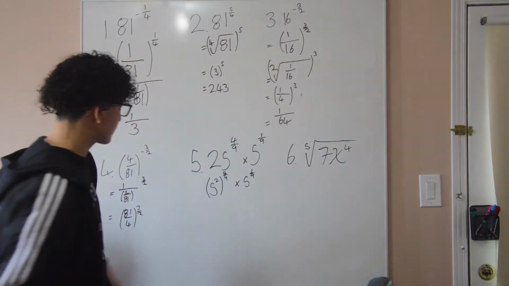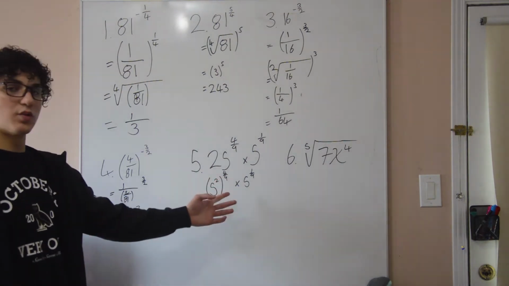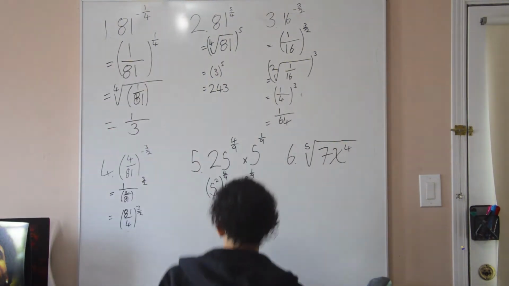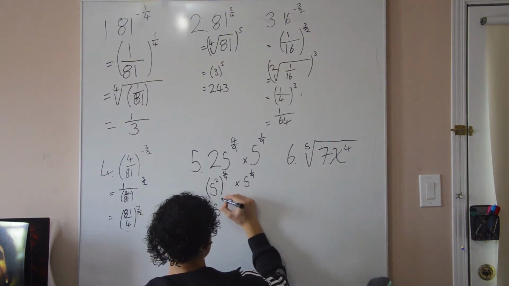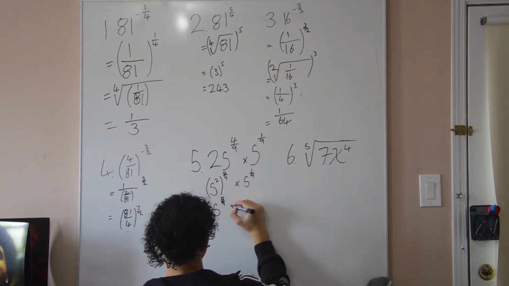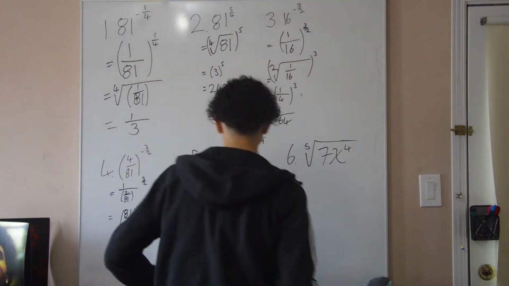Right? Because 25 is 5 squared. And now we have an exponent to an exponent, so we can do this. So this becomes 2 times 4 over 9, so 5 to the power of 8 over 9, times 5 to the 1 over 9.